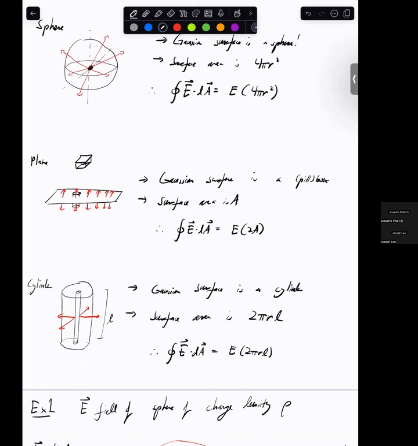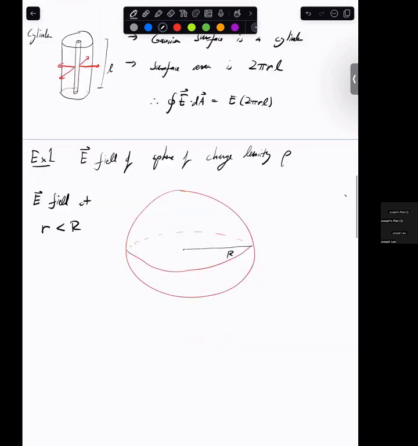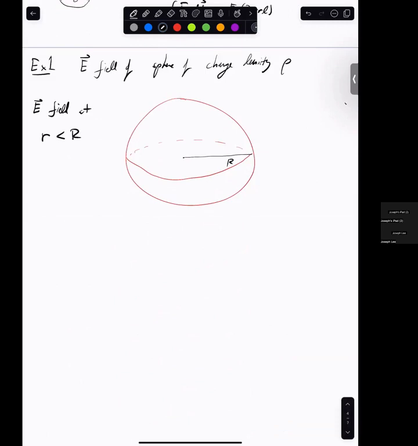So now that we've done this, we can look at some example problems to see how this might come into play. Let's do spherical symmetry first. Let's imagine we have a uniformly charged sphere of charge density rho and radius R. I'm asking what is the electric field at some smaller r relative to big R. I'm going to first draw our surface, albeit somewhat poorly.